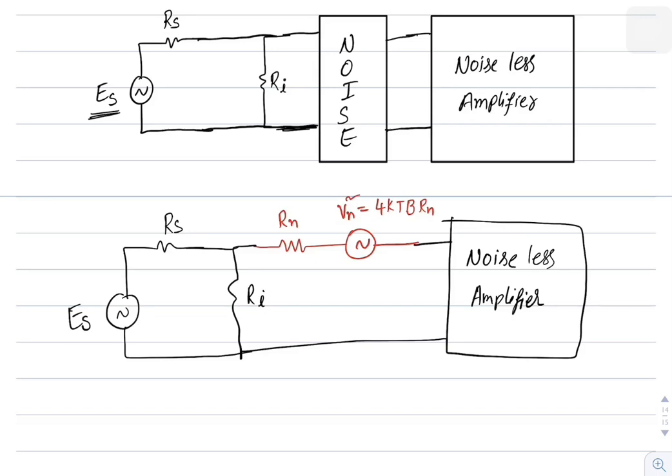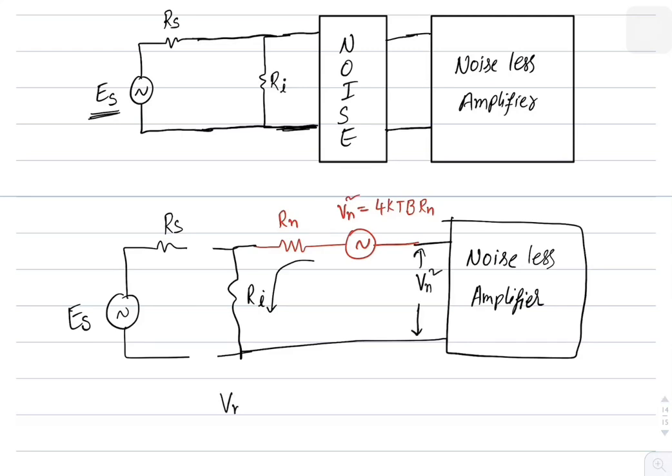Let us say you disconnected the source. That means I am disconnecting this part. If I disconnect the source, the current which is developed in this equivalent noise source will flow in both Rn as well as Ri. And the voltage which is at the input of the noiseless amplifier is, let us say, Vn square.